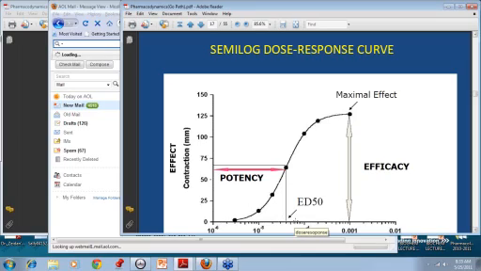So I think we covered a great deal on what is meant by efficacy versus potency and what those terms mean. And when you have ED50 or EC50, you're essentially measuring the concentration of the drug that produces a response equal to 50% of the maximal response.